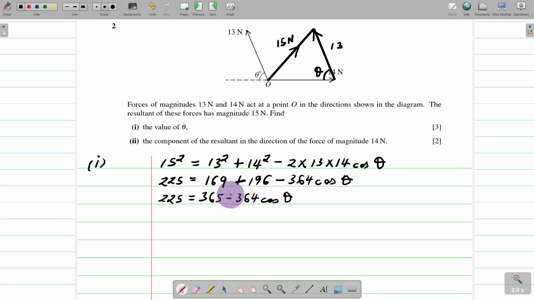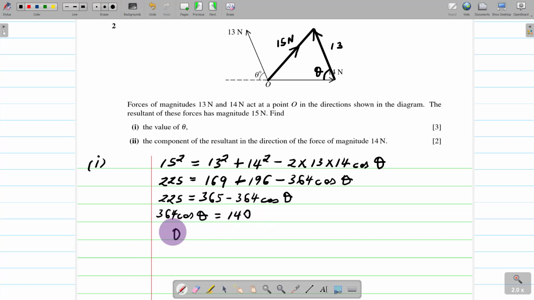And I find it appropriate to move 364 cos theta to the left, across the equal sign, so that that minus sign can disappear, and so that when I do the subtraction, 365 minus 225, I get a positive number, which is 140.